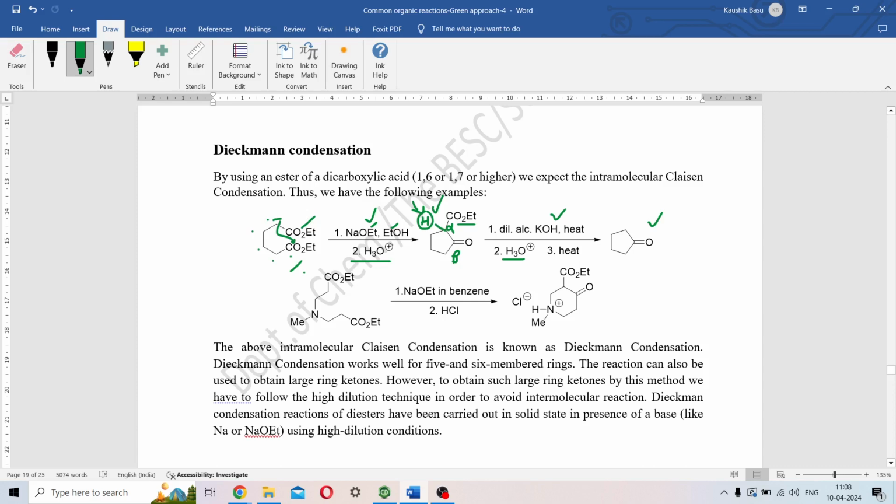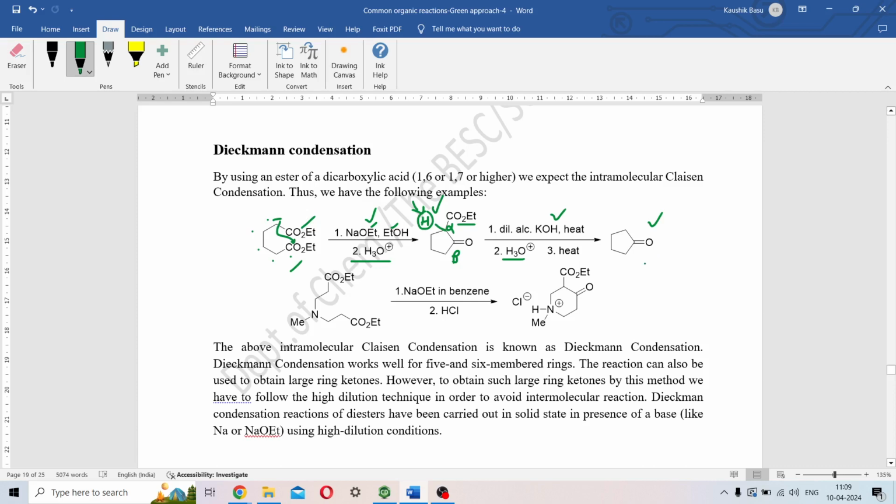Those are unfavored because you have deliberately put the concentration of the material very, very low, and that is why people call it high dilution. So the molecule which will lead to the macrocycle won't have any opportunity except reacting in an intramolecular fashion.